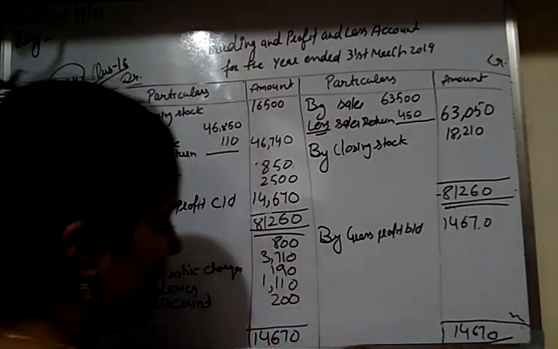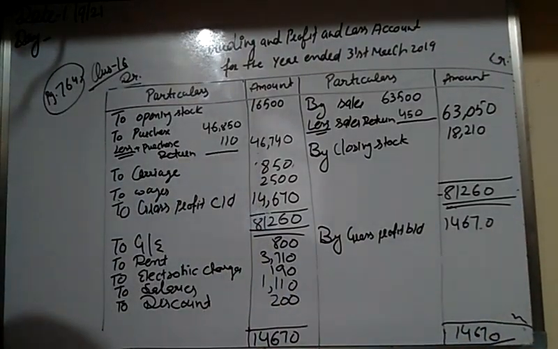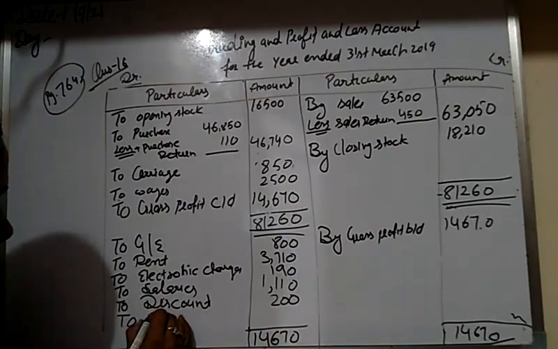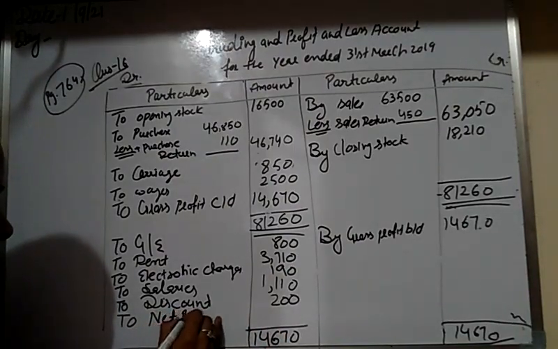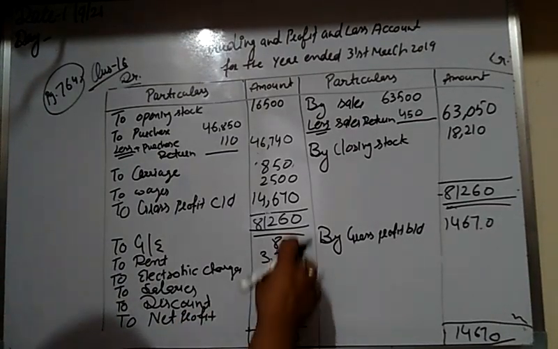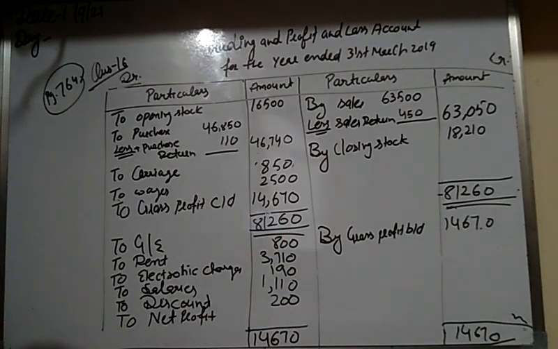Now we deduct the items of the debit side. The balance on the debit side means this is net profit. So the net profit amount, when we deduct the debit side from 14,670, is 8,600.